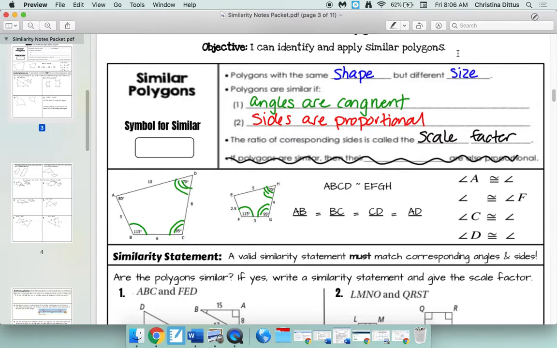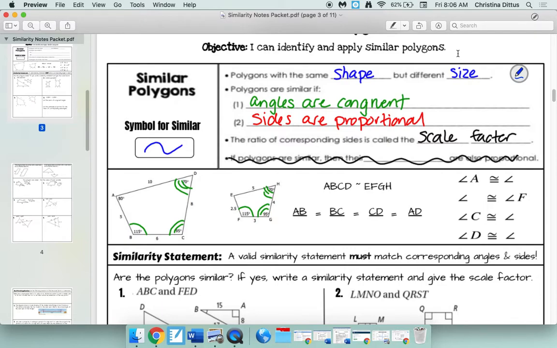I think you have, maybe when we did dilations. The symbol for similar is just this squiggly part, kind of like the top of the congruent sign. But when it just stands alone, I think it's technically called a tilde. When it stands alone, it means that they are similar.